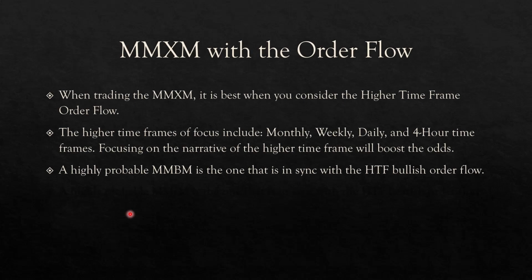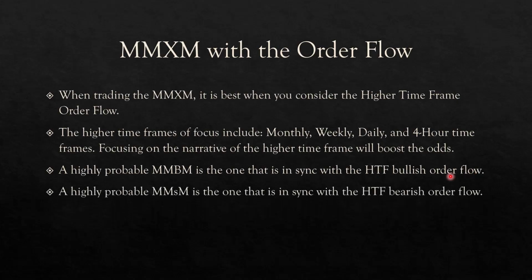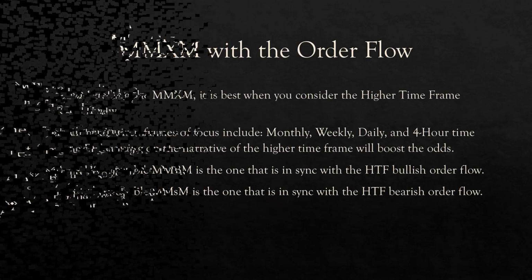Sorry, a highly probable market maker buy model is the one that is in sync with the high time frame bullish order flow. And a highly probable market maker sell model is the one that is in sync with the high time frame bearish order flow.